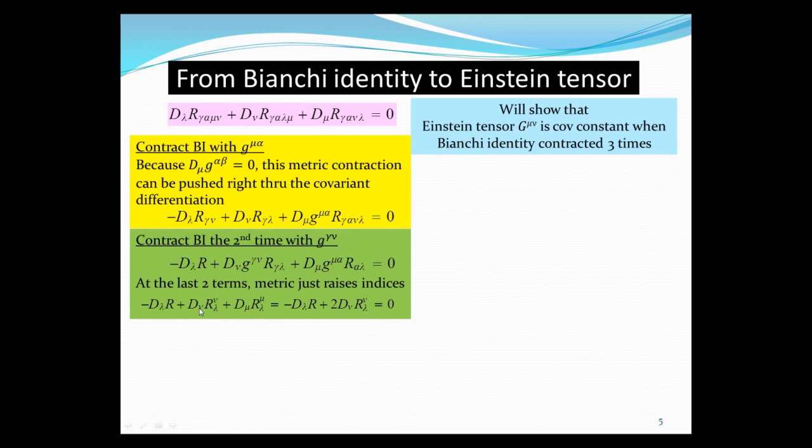So this becomes raised here. Now the nu index here is a dummy index summed over, and this mu is also a dummy, so I can change the name to whatever I like. I change the mu index to nu, so these two terms are the same, and therefore this becomes plus 2.